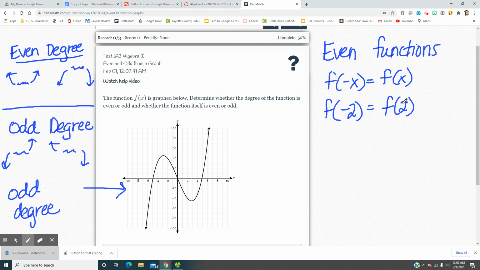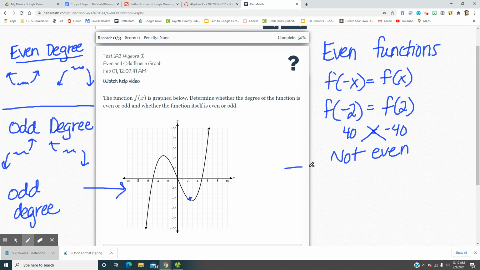I'm just picking, so you can pick any number for x that looks like it would show up on the graph and compare those values. So I look at 2, f of 2 looks to be about negative 40. f of negative 2 looks like it's about positive 40. Those are not the same, so this function is not even.